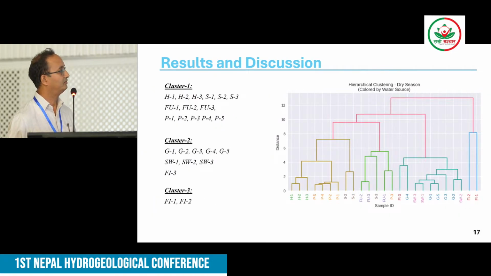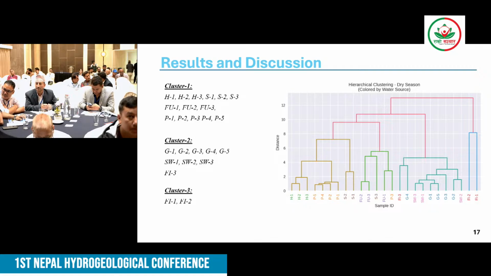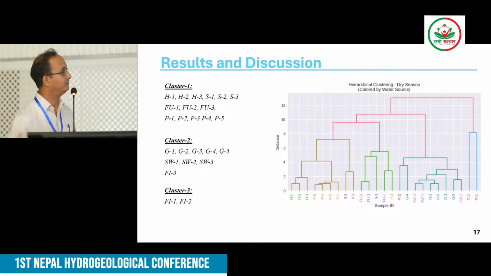So in this also we have these three clusters, similar to the earlier slide. These are all the rivers and lakes. Here also we have the groundwater and the shallow groundwater, and this is the cluster of one of the rivers, Harpan.